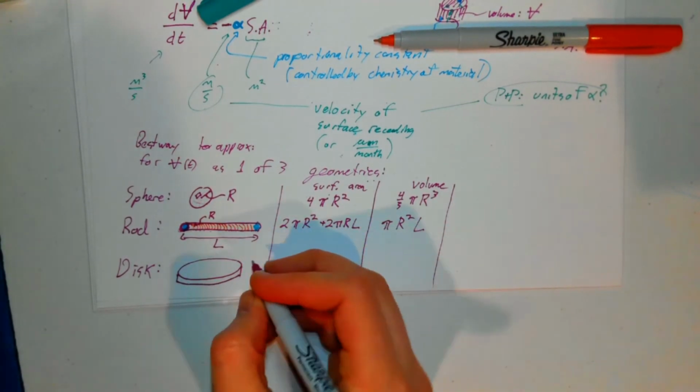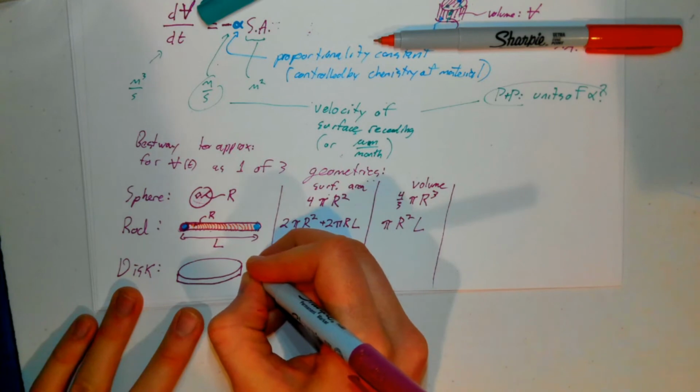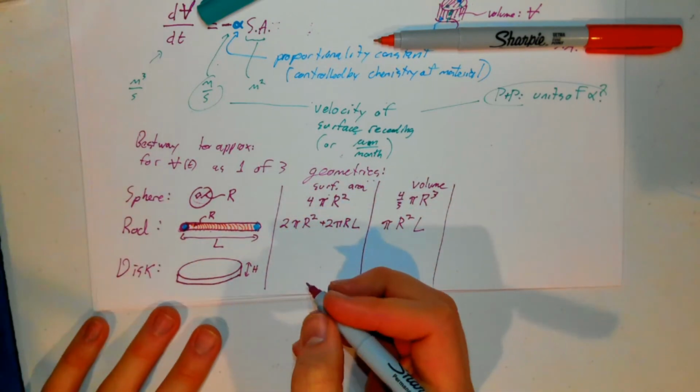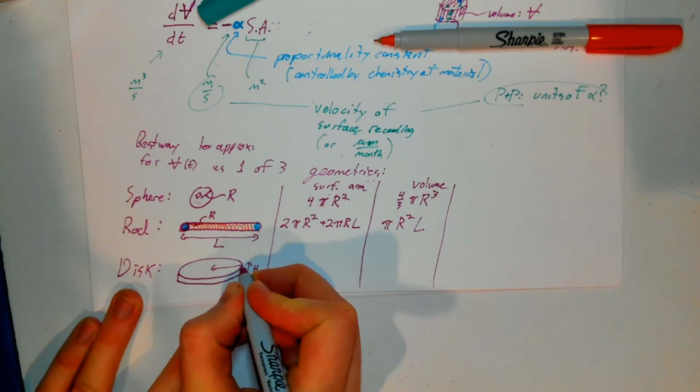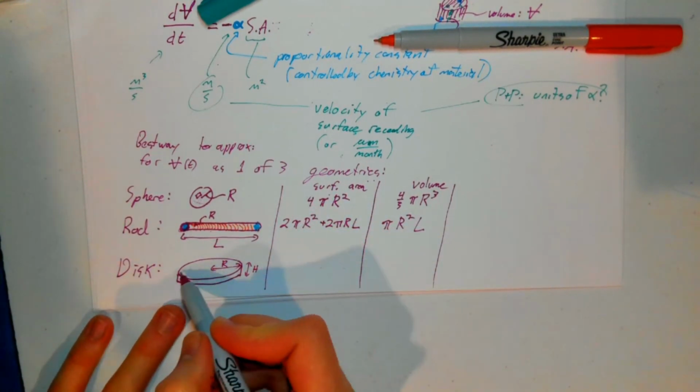And then the disk. Let's say the disk has some thickness h and some radius r. Again, we can formulate the surface area.